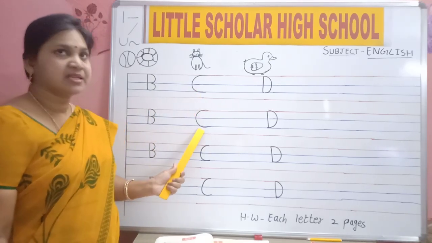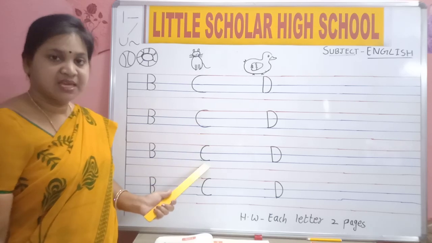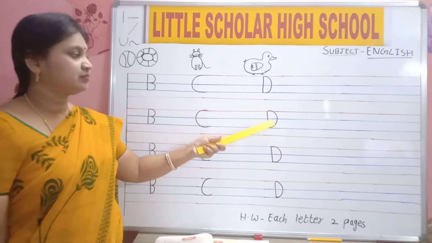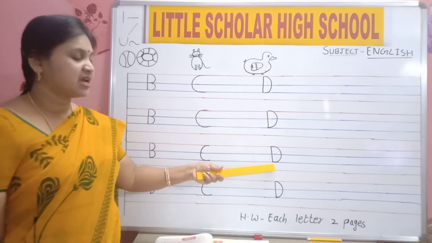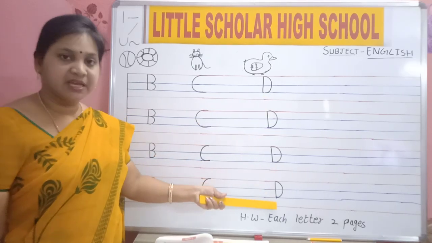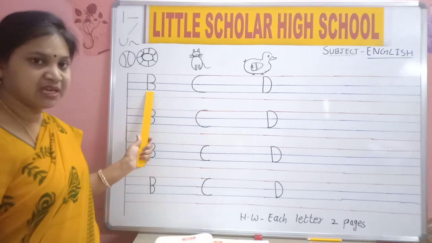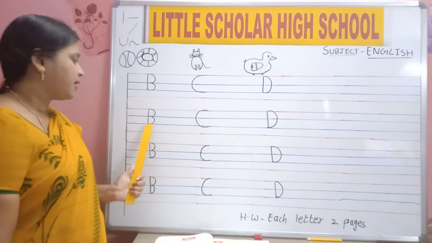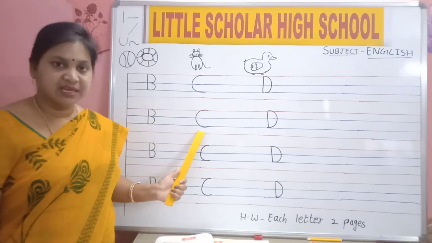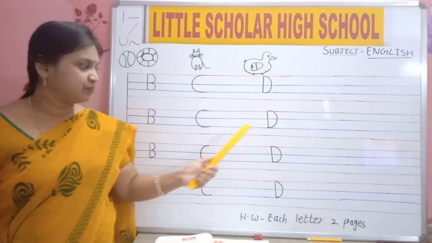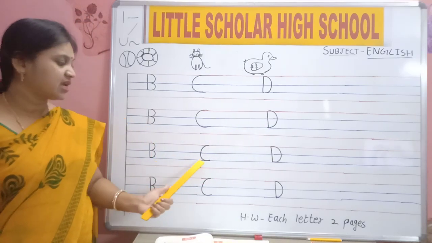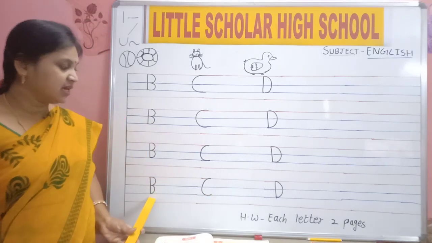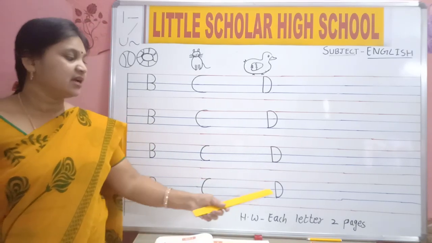C, C, C, C. D, D, D, D. Again. B, C, D. B, C, D.